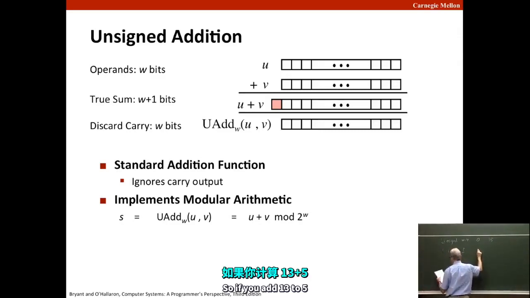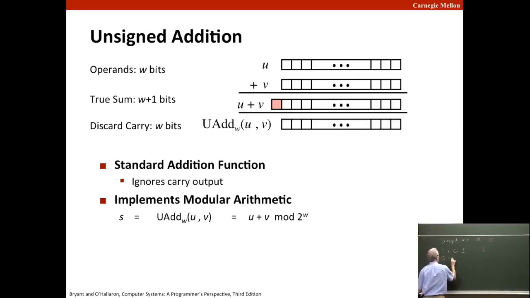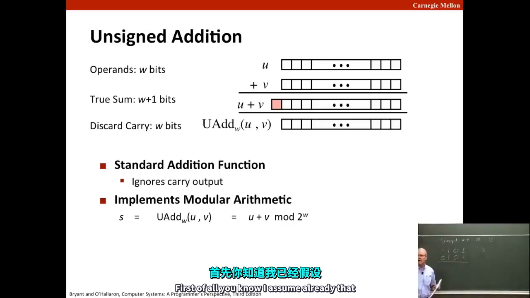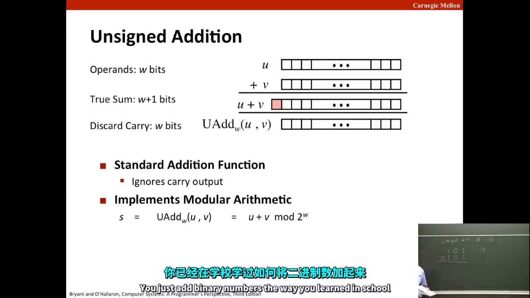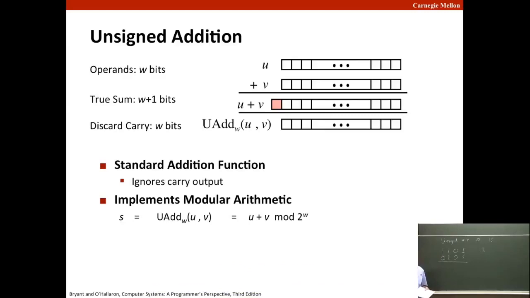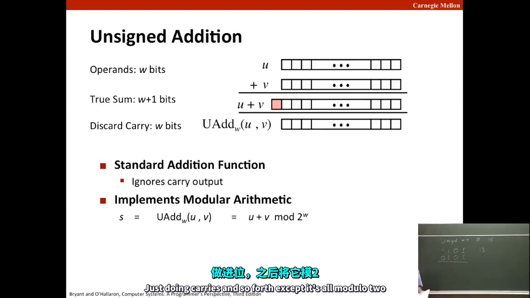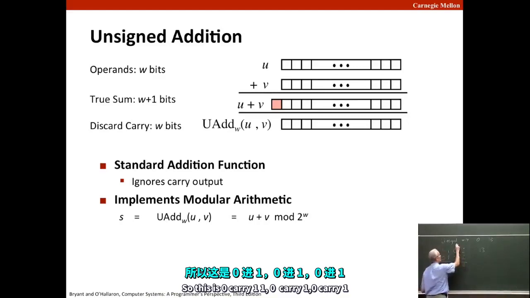So if you add 13 to 5, first of all, I assume already that you just add binary numbers the way you learned in school, just doing carries and so forth, except it's all modulo 2. So this is 0 carry 1, 1, 0 carry 1, 0 carry 1.